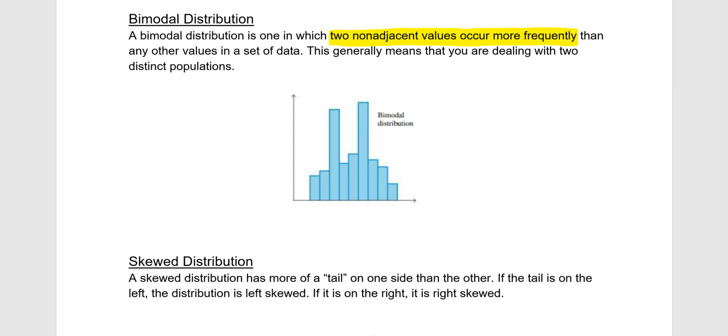For example, we have this frequency histogram down here, and we can clearly see that we have this bar going up a lot higher than the other ones, as well as this bar over here. So bimodal, bi meaning two. So it's pretty easy to recognize a bimodal distribution for a frequency histogram.